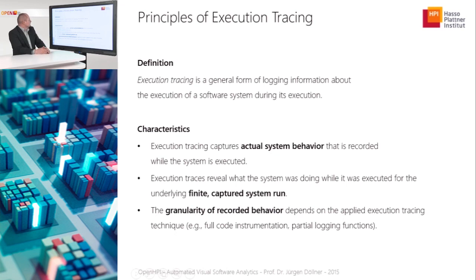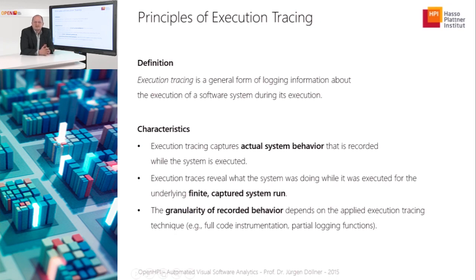Characteristics. Execution tracing captures the actual system behavior, not the modeled system behavior and not the default system behavior. It captures the actual system behavior. Execution traces reveal what the system was doing while it was executed for the underlying finite captured system run. The system run is always finite and it's captured.